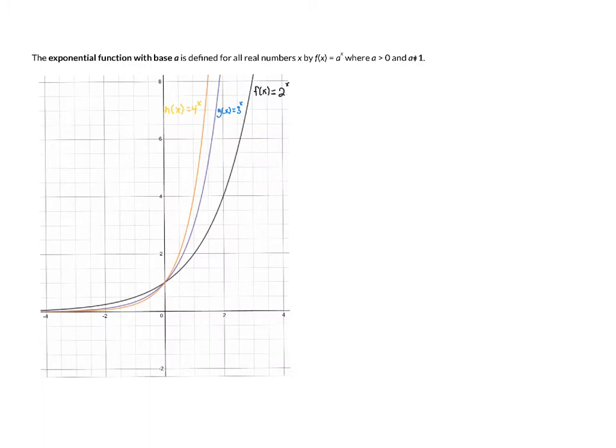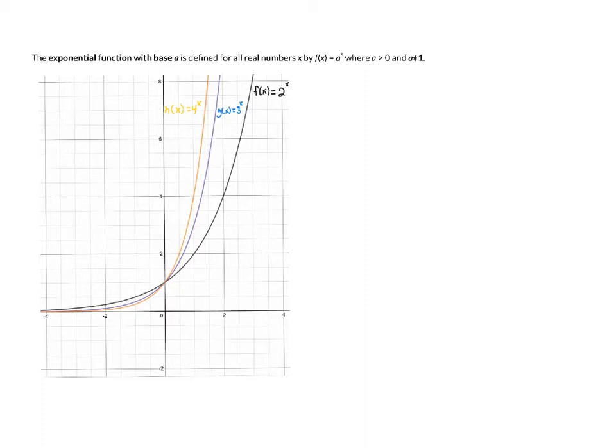Here we have the graphs of three exponential functions plotted on the same xy plane. We've got f of x equals 2 to the x power, g of x equals 3 to the x power, and h of x equals 4 to the x power. And I want to talk about what these graphs have in common and what they don't.